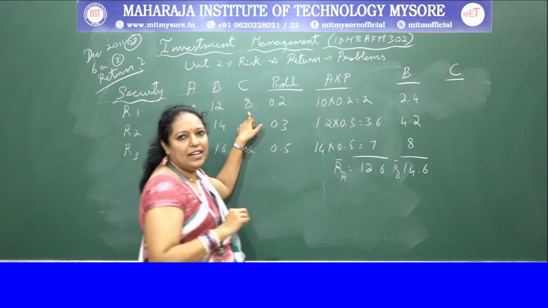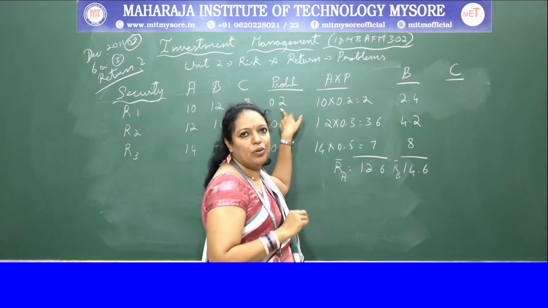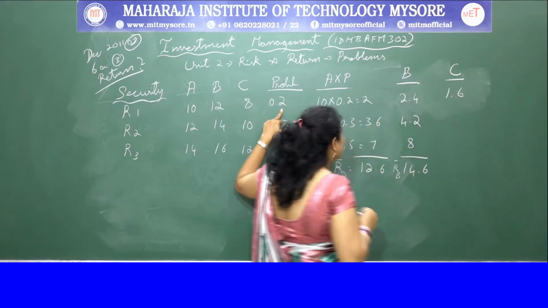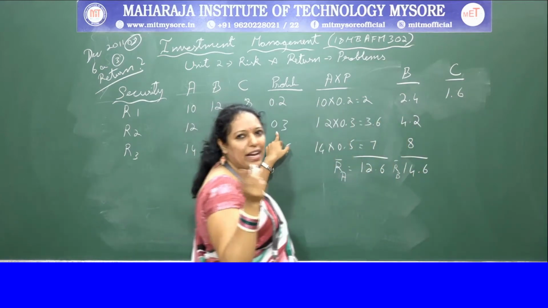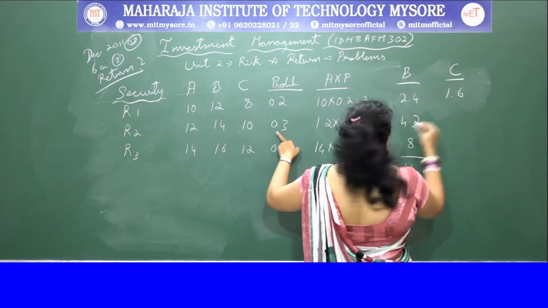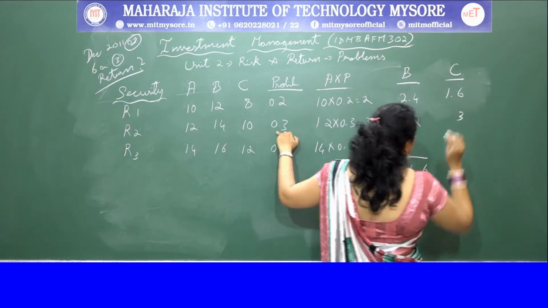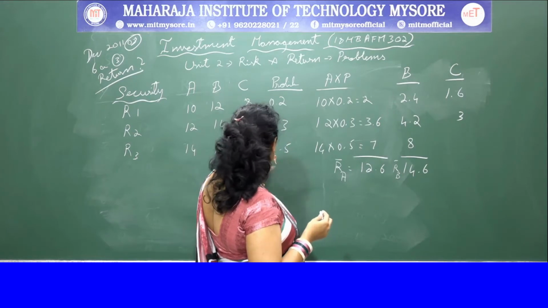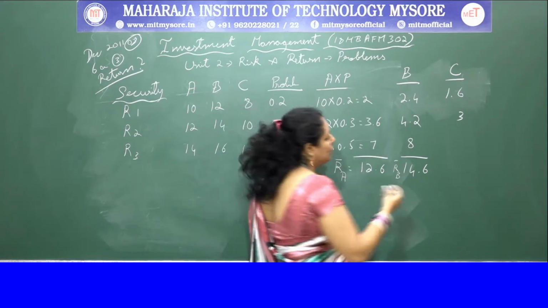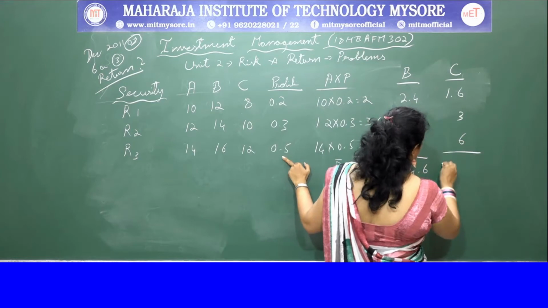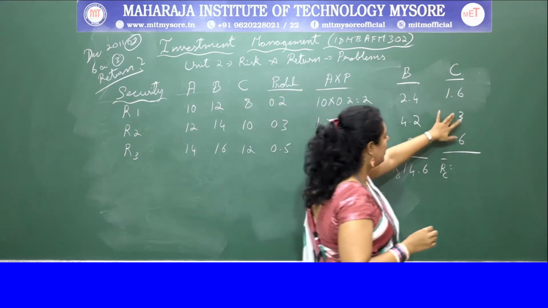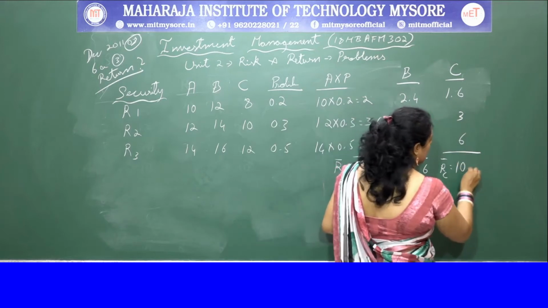Here, 8 into 0.2, you get is 1.6. Then 12 into 0.3, you get 3. Then 12 into 0.5, you get 6. So R bar C, your answer is 6, 9, 10, 10.6.